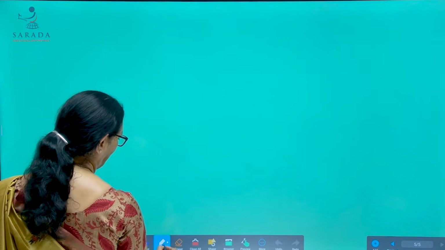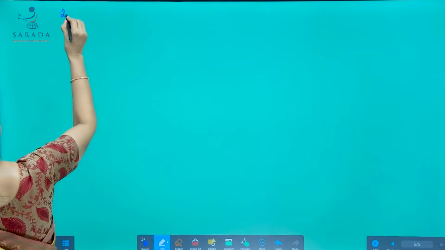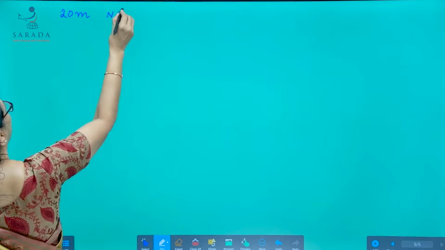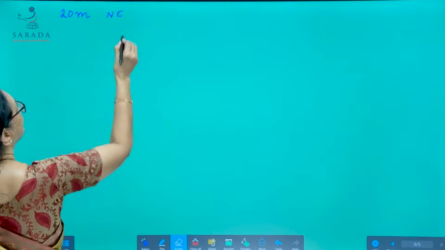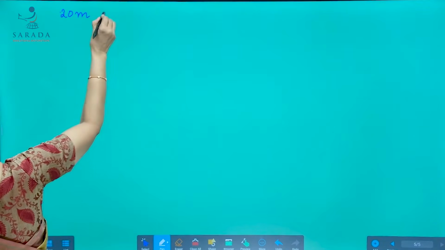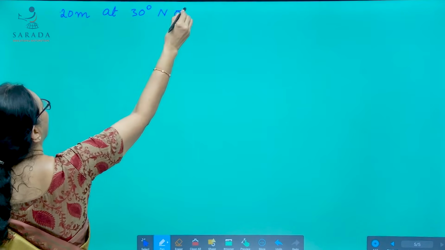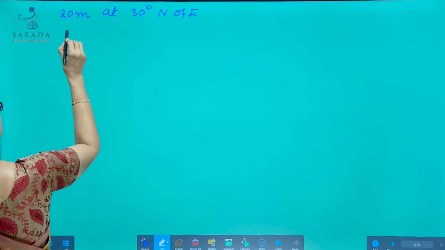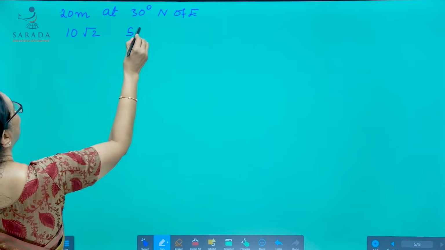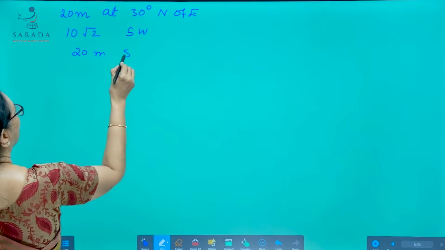Look here, the problem is like this. A body moves 20 meters at an angle 37 degrees north of east, then 10 root 2 meters southwest, then 20 meters south.